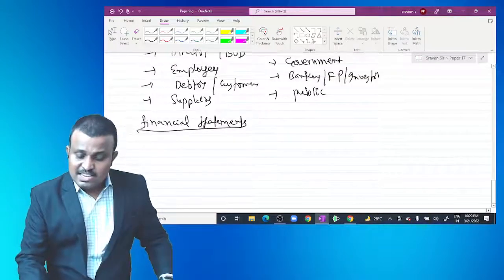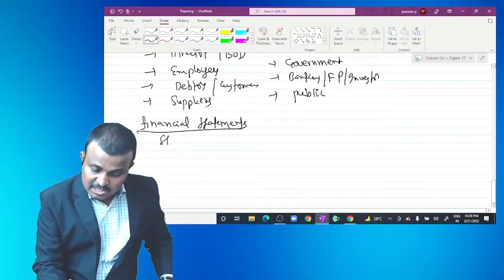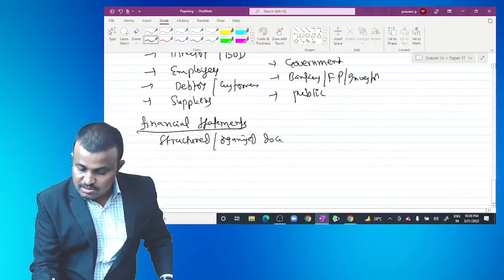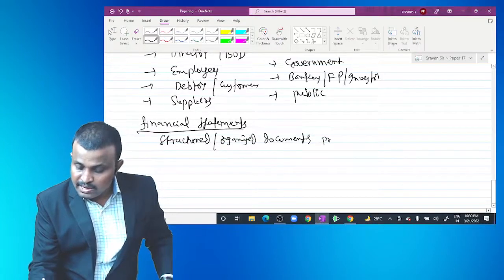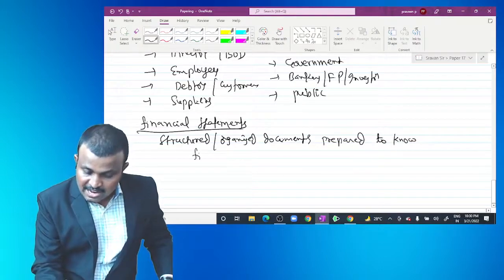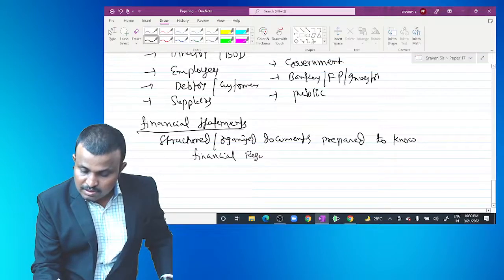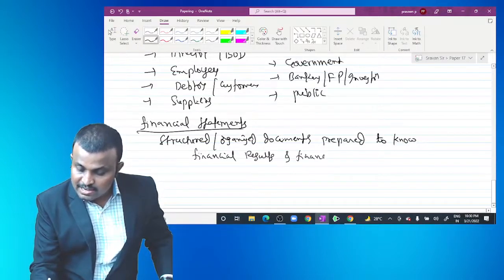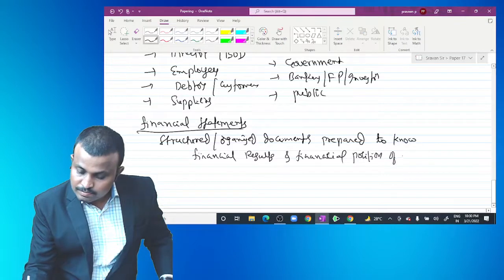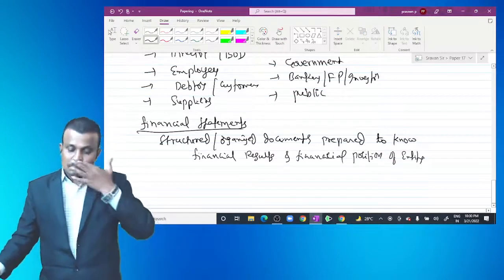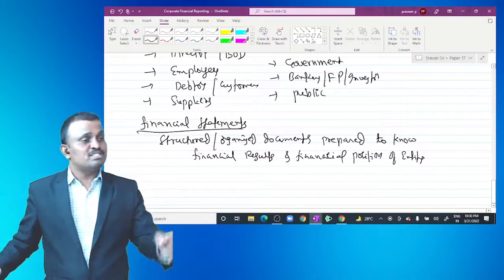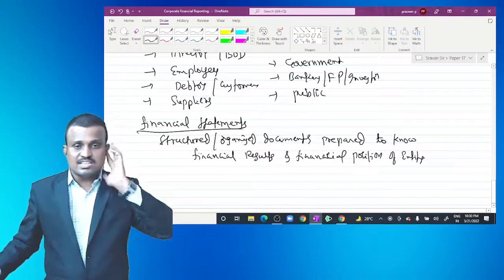Financial statements are nothing but structured or organized documents prepared by the entity to know the financial results and financial position.